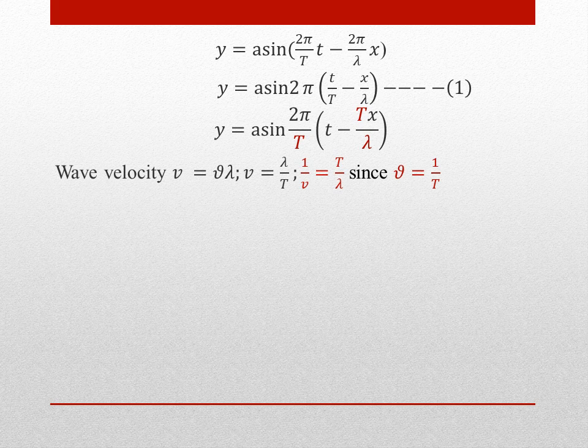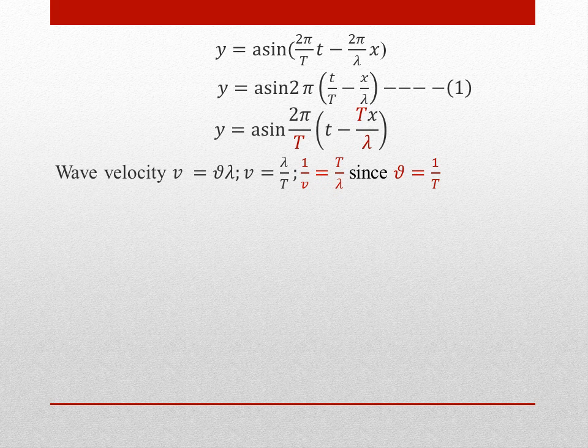We know wave velocity small v is equal to frequency nu into wavelength lambda, and frequency nu can be written as the reciprocal of time. Therefore, v becomes lambda by T. Taking the reciprocal of this expression, we have now 1 by v to be equal to T by lambda.